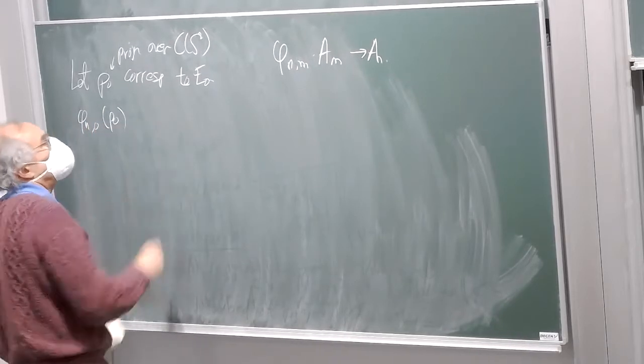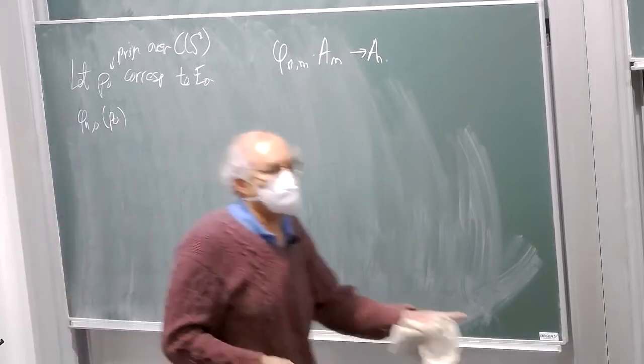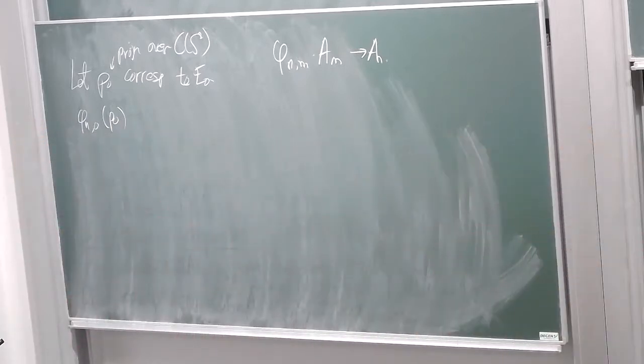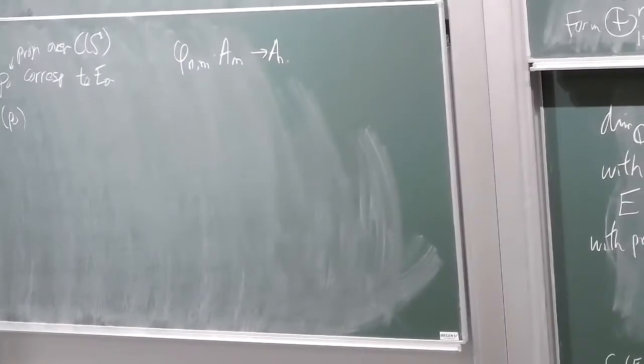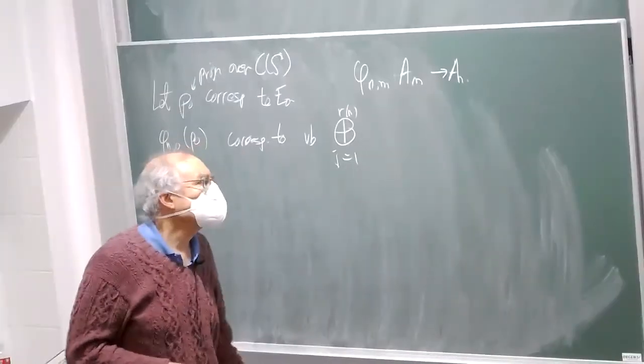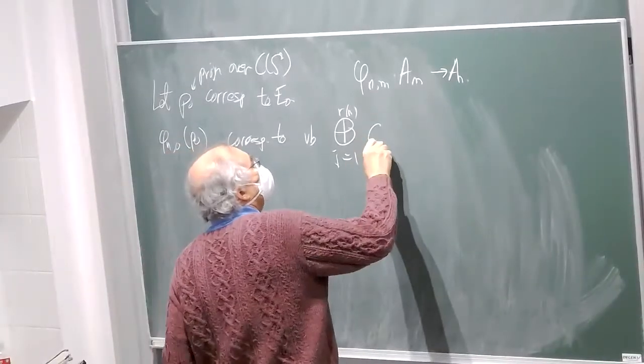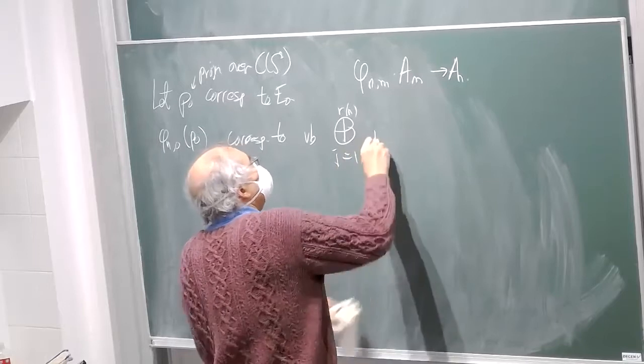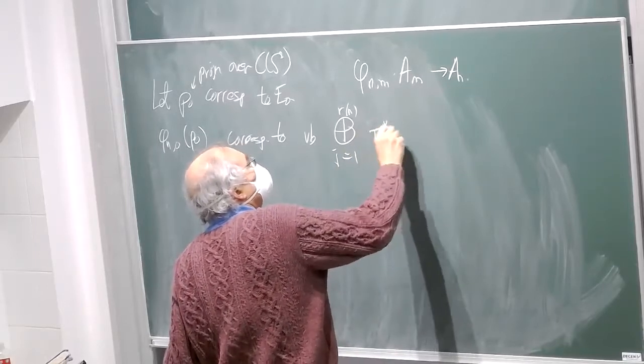So what is it? Well, right, it's P0 composed with these various projection functions. And what you end up with, this corresponds to the vector bundle, the direct sum from j equals 1 to R of n of pi j upper star pullback of E0.